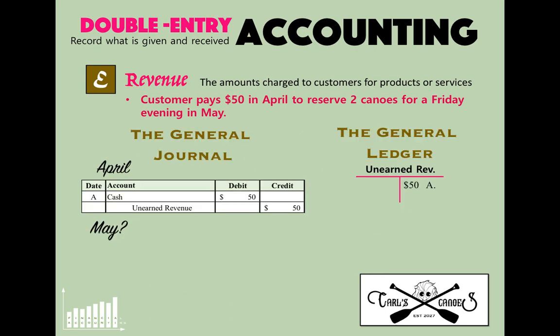And so we know that the journal entry for April was to debit cash for 50 and to credit unearned revenue, a liability, for 50 because Carl hadn't done anything yet. He had not yet earned that revenue for the month of May. It was April. May hadn't happened yet. So in his general journal, he had this entry in April, and he had a ledger balance in his unearned revenue account of $50. So what happens in May?